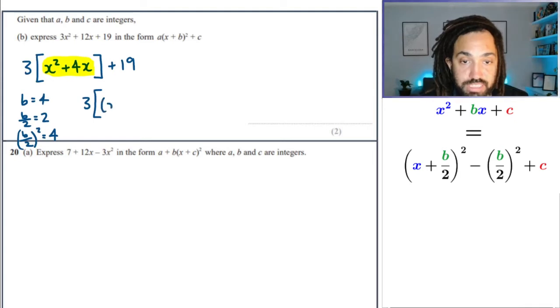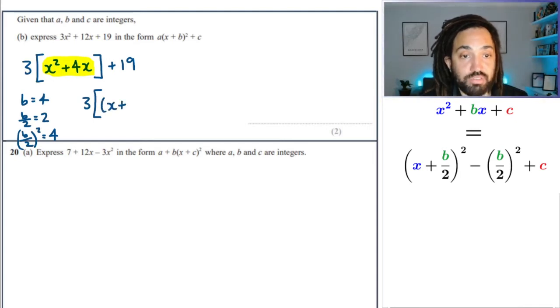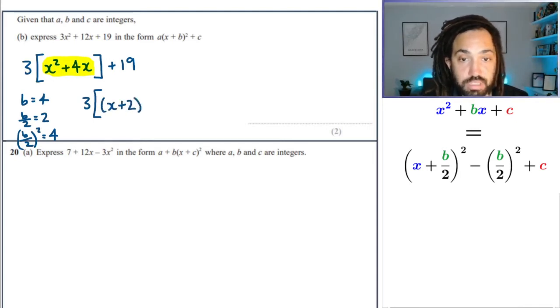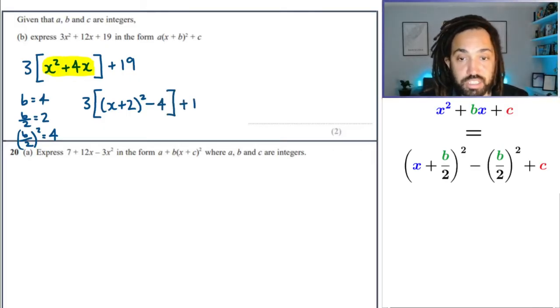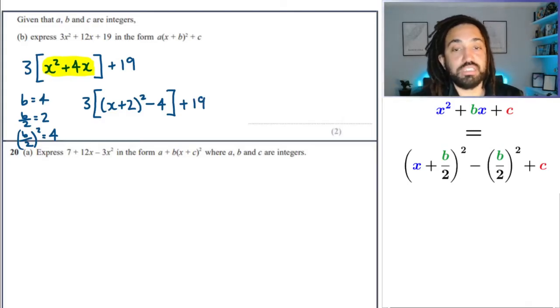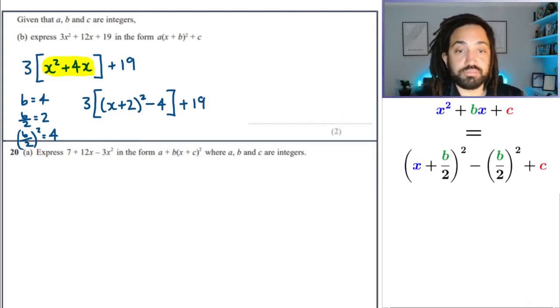So I'm going to do that by writing x plus the b over 2 term, which is 2, all squared, always take away the b over 2 term all squared, which is 4. Perfect. And the c term was outside of the bracket, so we're good.